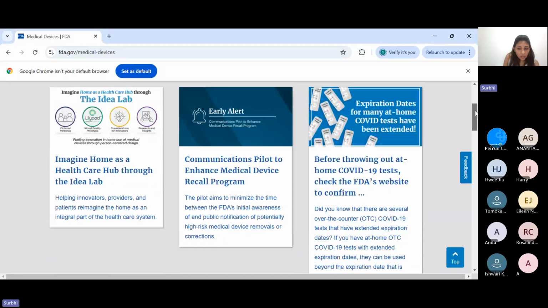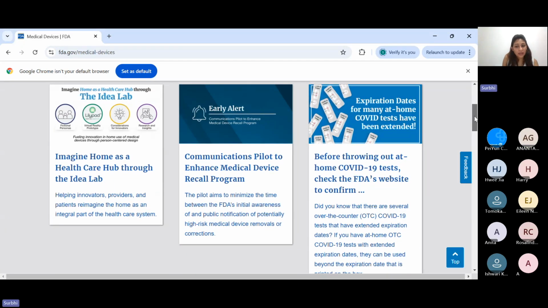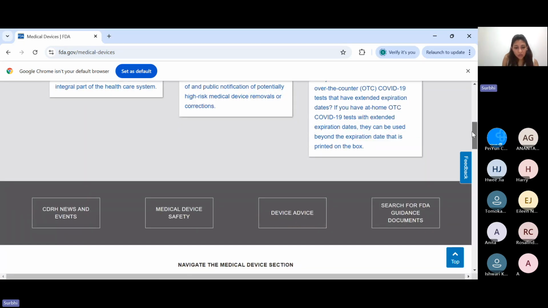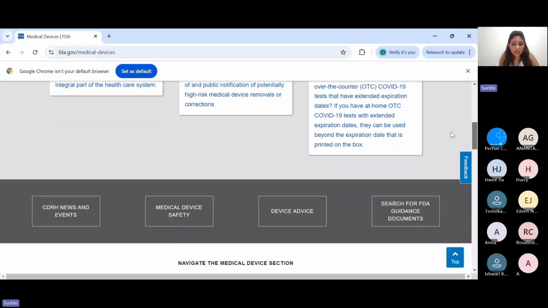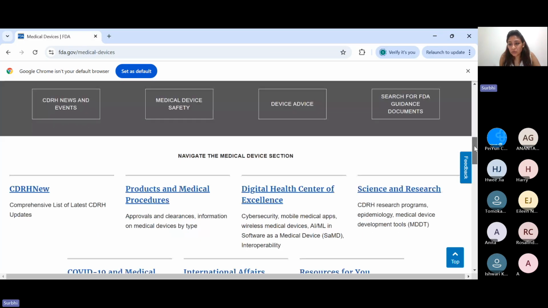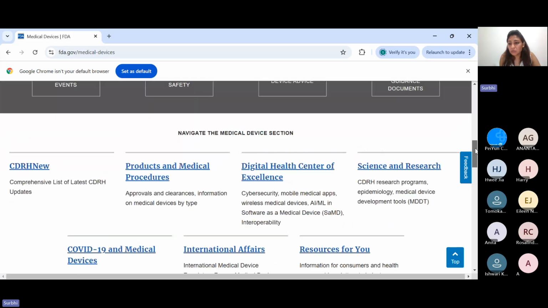Yes. All right, so this is like a master page. If you need any medical safety device notice or whatsoever, just click this link. If you want to, for example, search any guidance document, go over here.